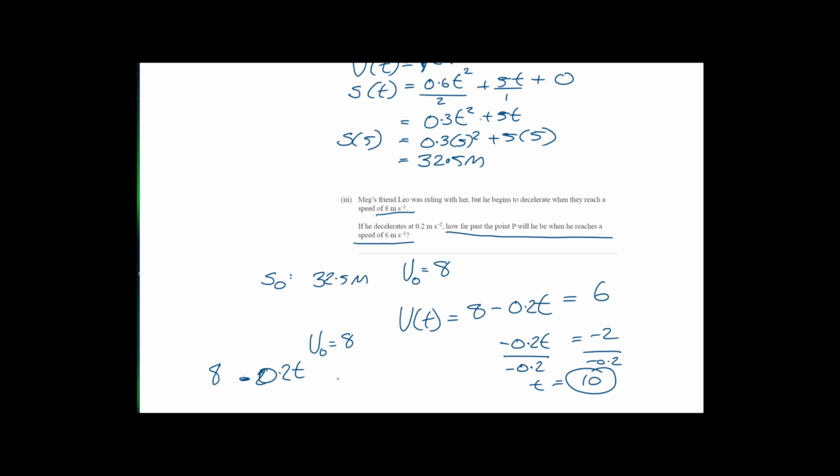And then we want to work out how far he's gone, so we're going to be integrating that again.